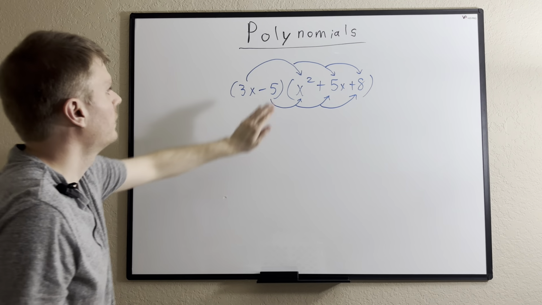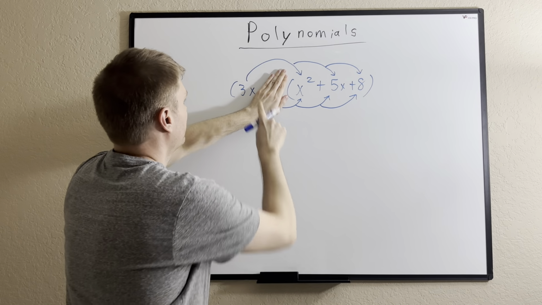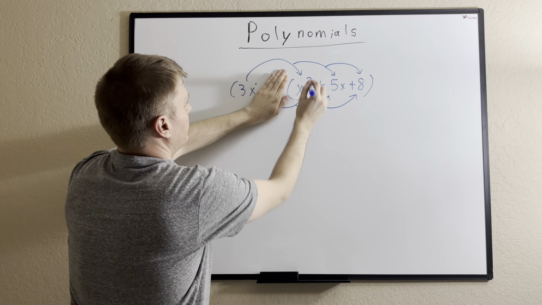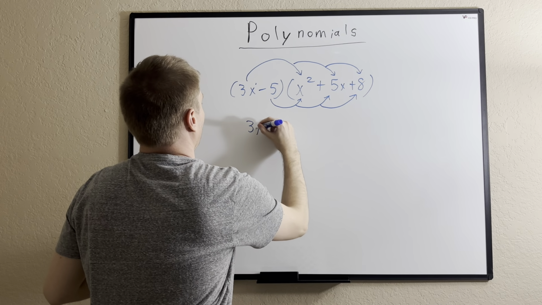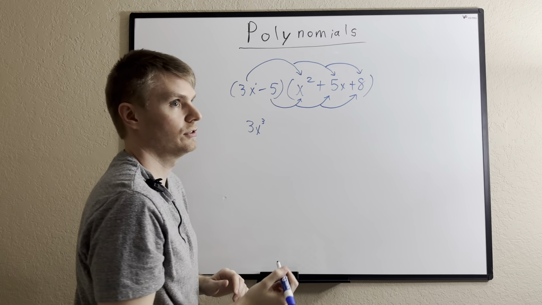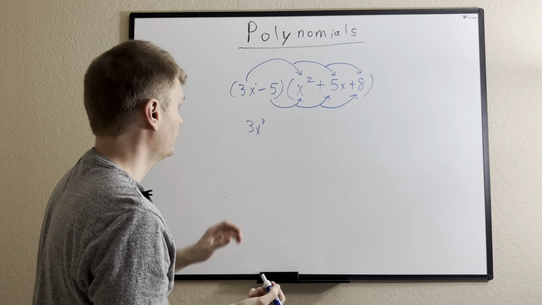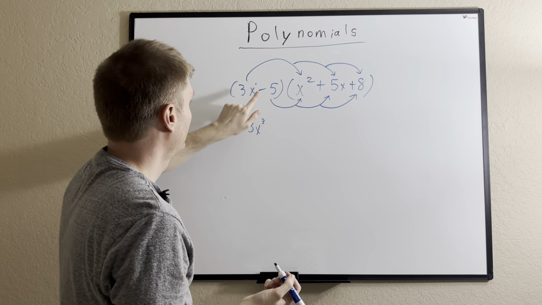Boom. So, it's 3x times x squared. 3x, this is a 1. 1 plus 2 is 3, so 3x cubed, or to the third power. We prefer to say cubed, most of us.